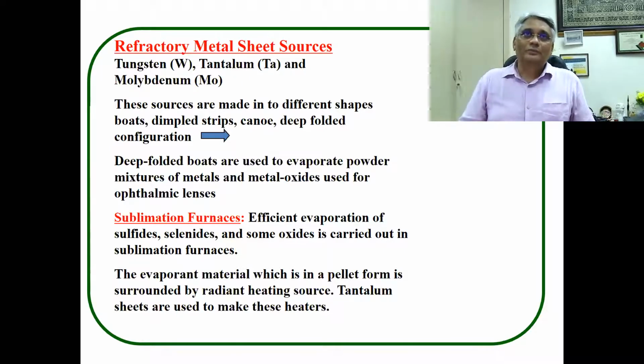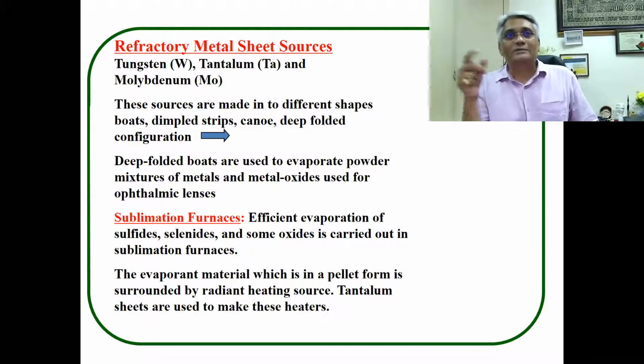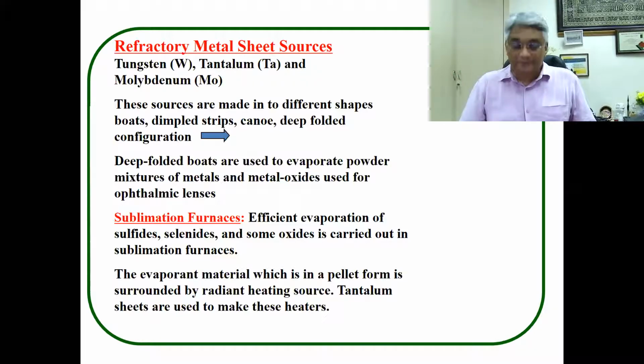In order to avoid the reaction between these elements and the compounds or elements whose thin films are to be deposited, these refractory metals, meaning high melting point metals, are used.